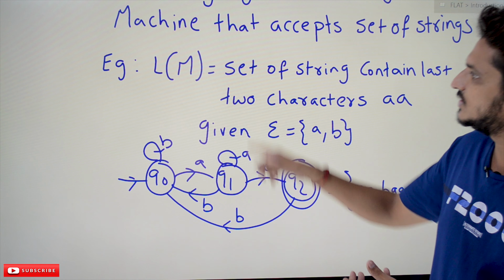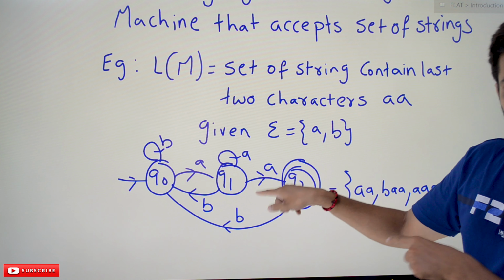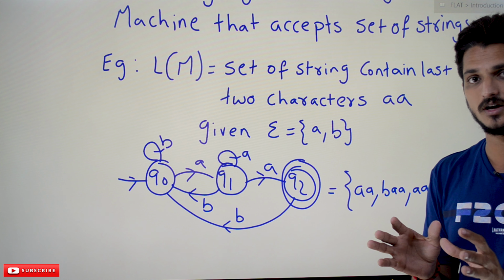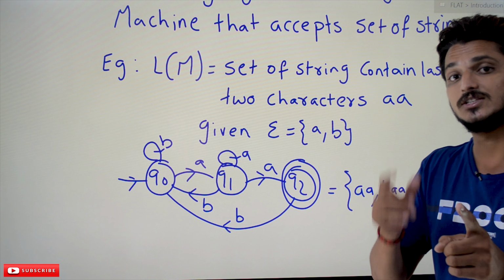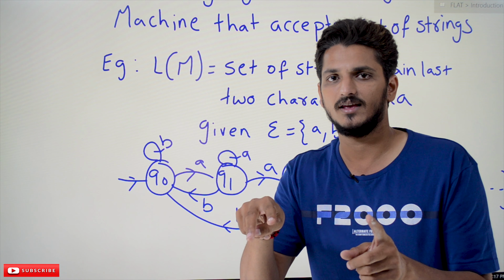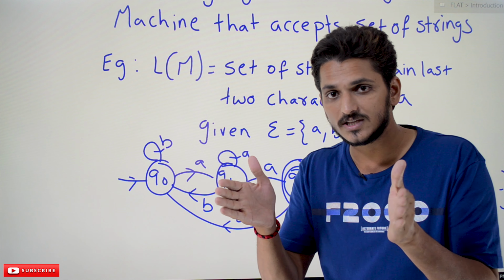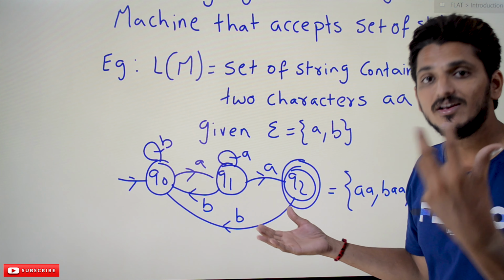So this is the machine which we generated for this language. This machine is going to accept only a few of the strings. What are those strings? The strings whose last two characters are AA. So the set of strings that are accepted by this machine, we call it the language of a machine.